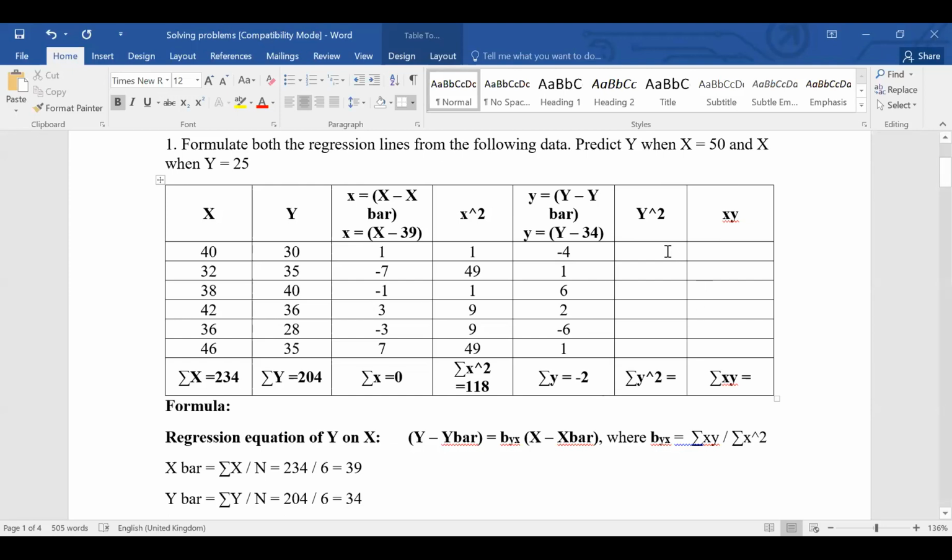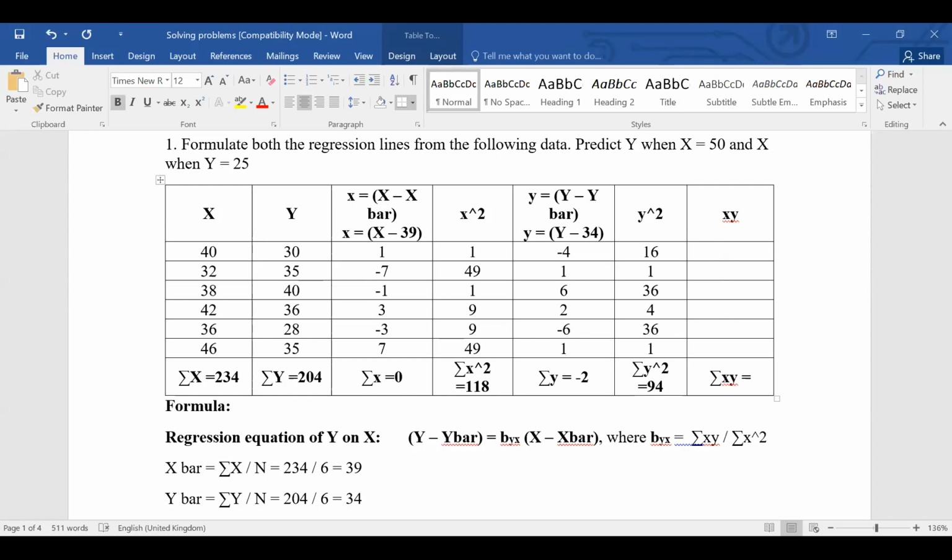Okay, now we need to find out y square, right? This is small y square. So 4 4s are 16. And 1, 36, 4, 36, and 1. Okay. Now after adding this, what are you getting? 94, right? 94.